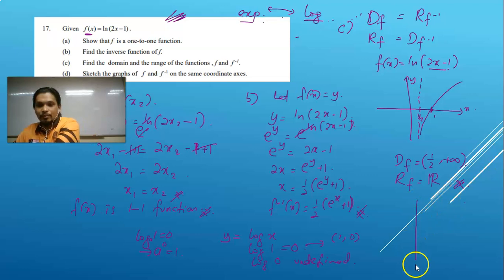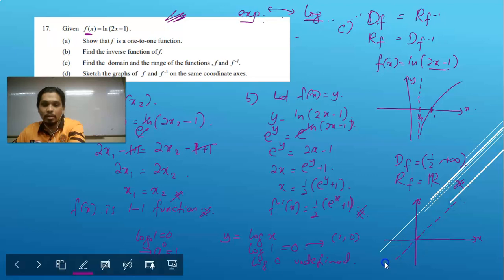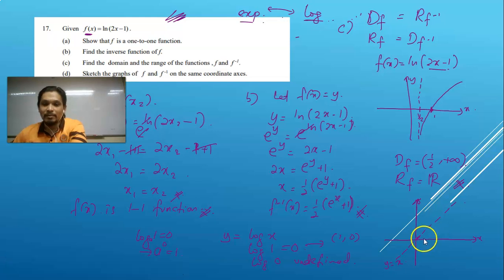Okay, for this one here now, I show you, recall how we sketch the graph of f and its inverse on the same axis. Make a line, a reflective mirror for this graph. Let this be y equal to x. So the graph of this will be something like this.